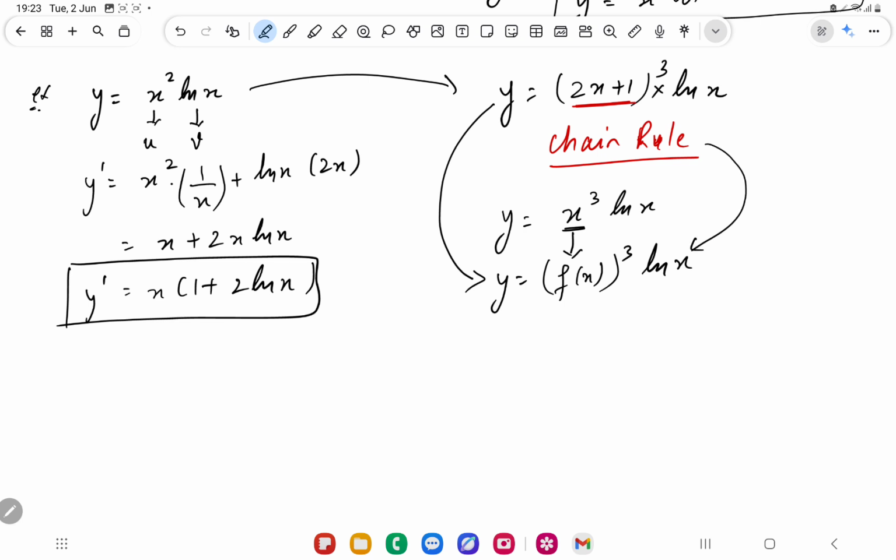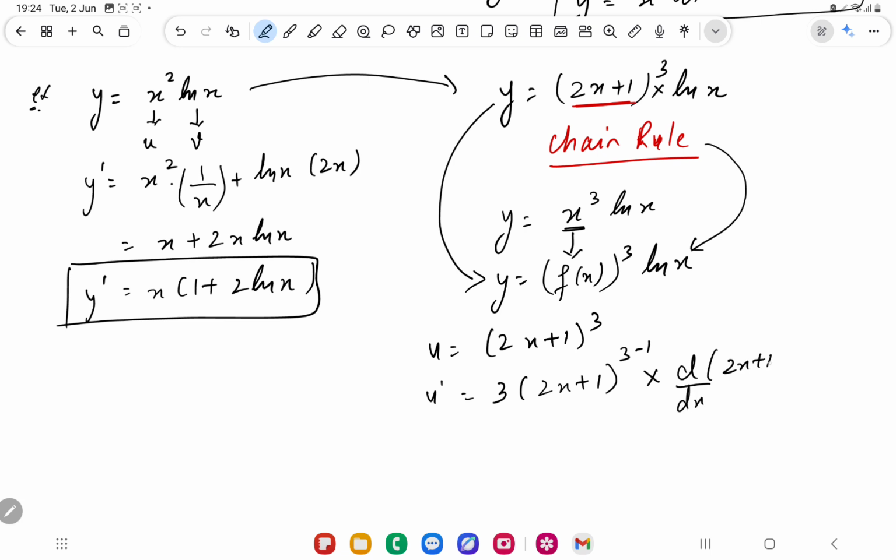Now what exactly is chain rule? Let's take (2x plus 1) whole cube as u. So my u dash will be, I will again be using power rule, 3 into (2x plus 1) to the power 3 minus 1, but this time I have to take out the derivative of my f(x).